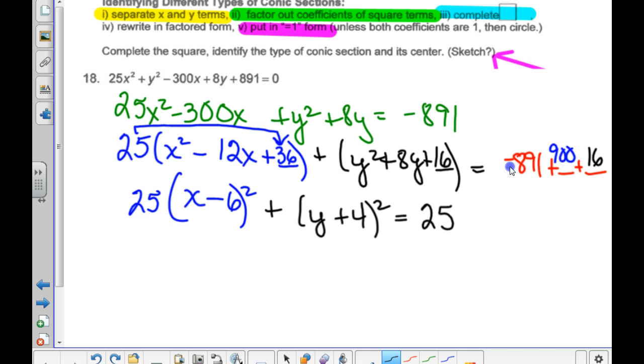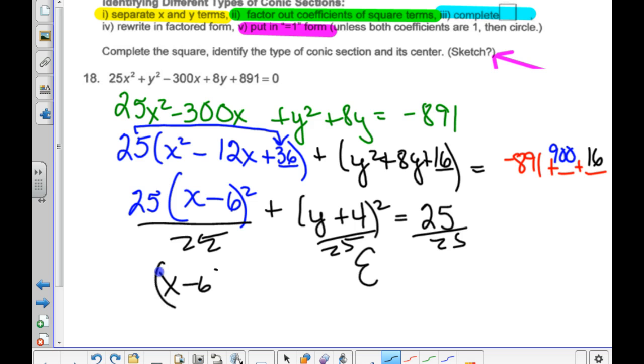900 plus 16 and -891. You know what? I'll graph it for you tomorrow. Let's just write down what it is. It's an ellipse. Let's divide by 25. It's x minus 6 quantity squared over 1 plus y plus 4 quantity squared over 25 equals 1.